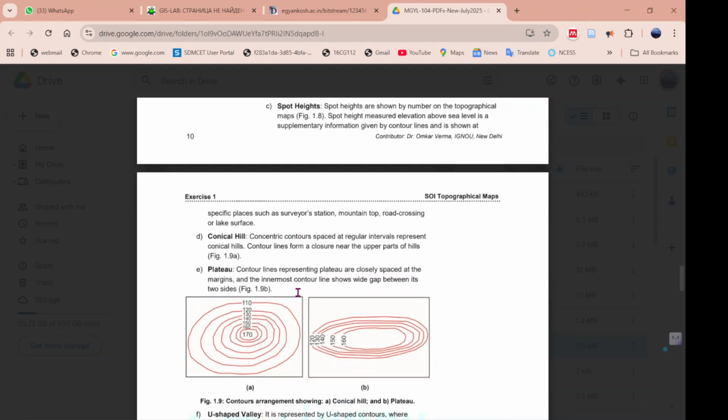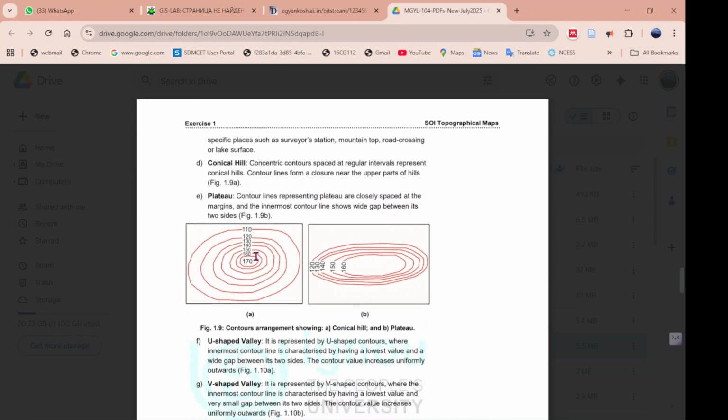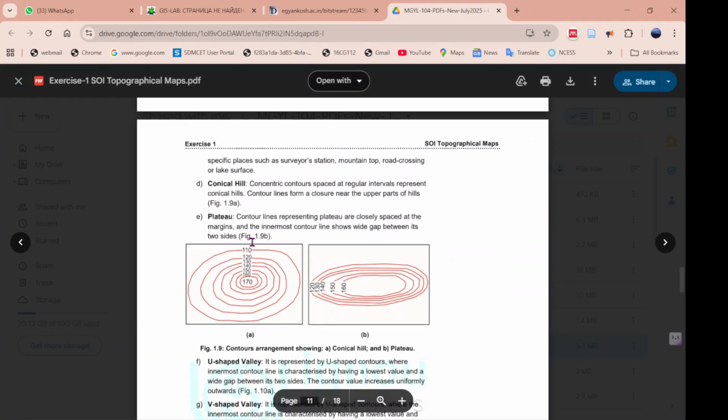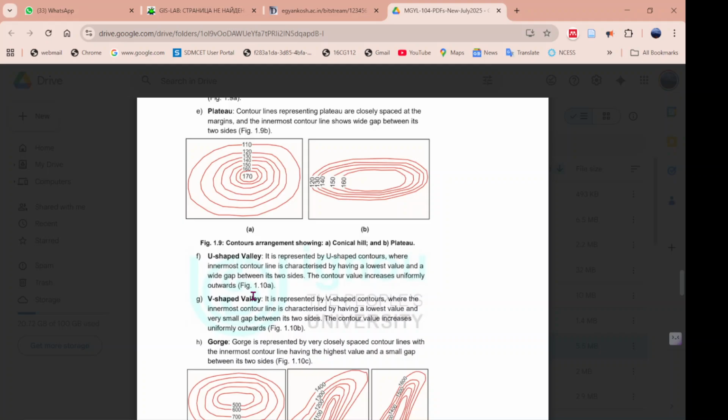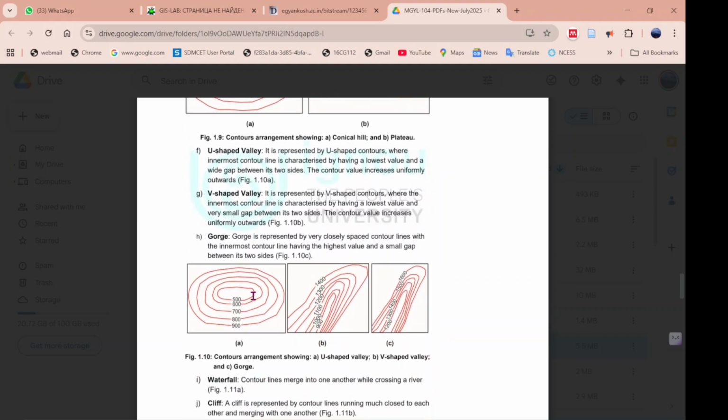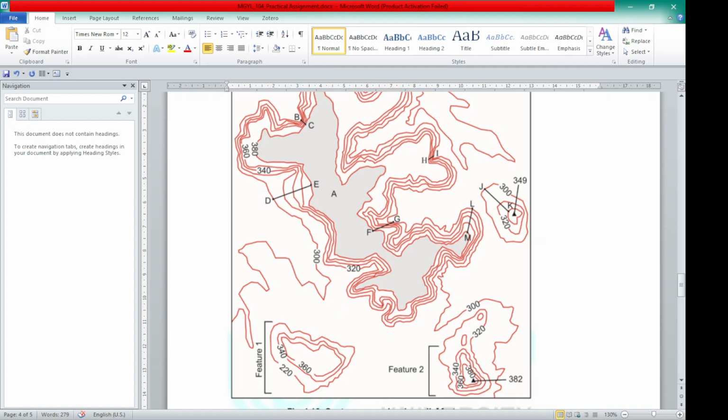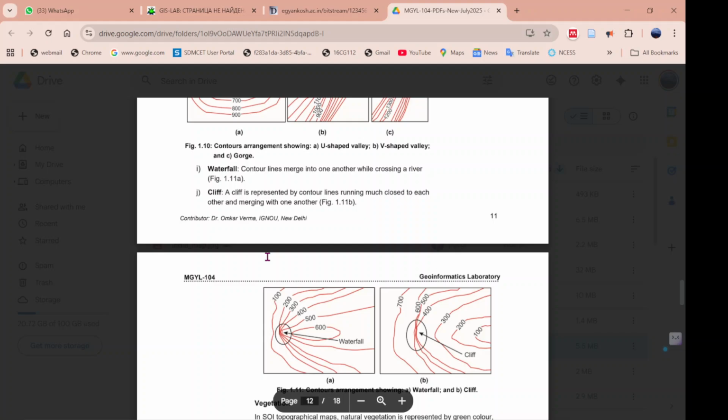So one appears to be a conical hill. Wait, this is not what it looks like. This also seems to be a plateau, and these are like mesas and buttes and things like that. Let's see if those are the things that are mentioned.